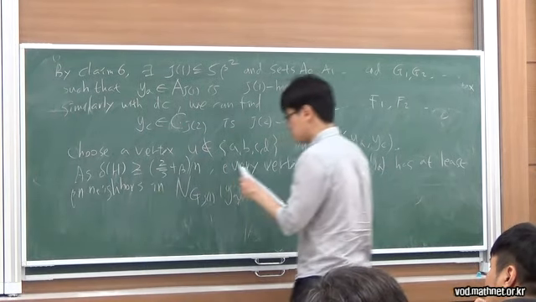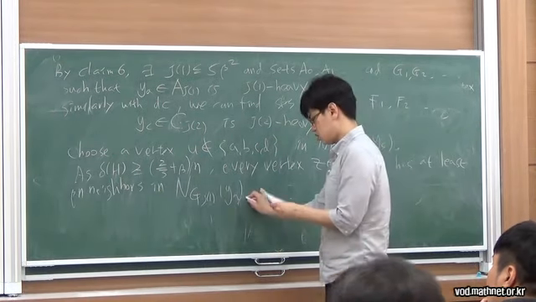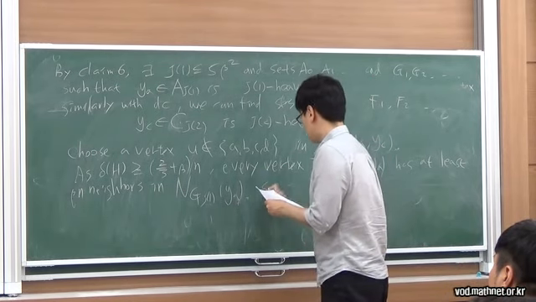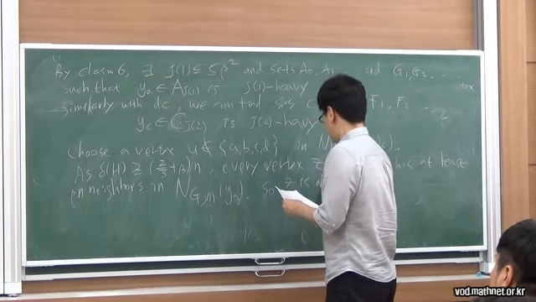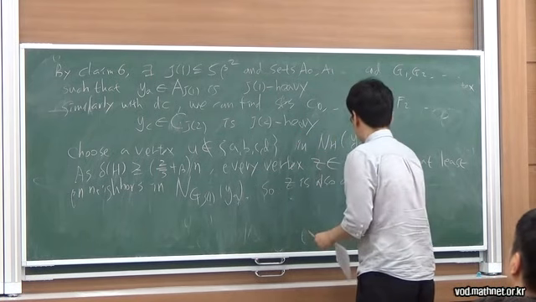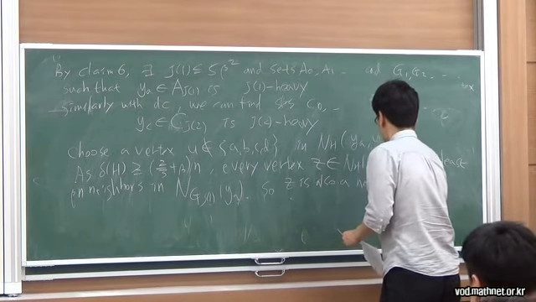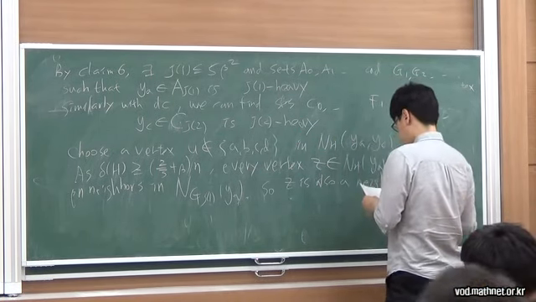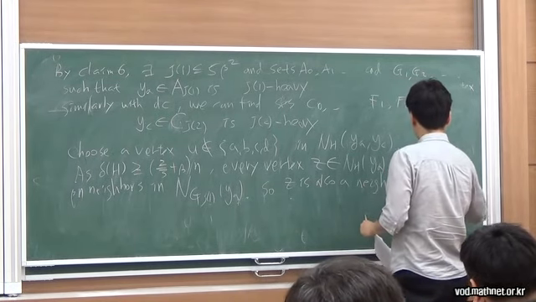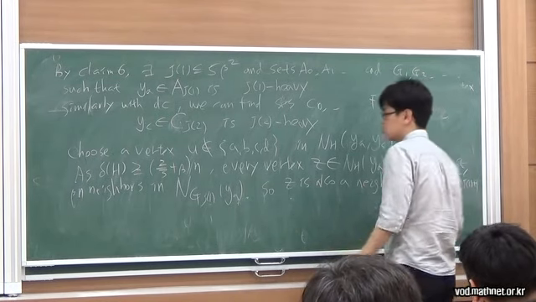So by the definition, G is also a neighbor of Y_A in G prime J1 plus 1.